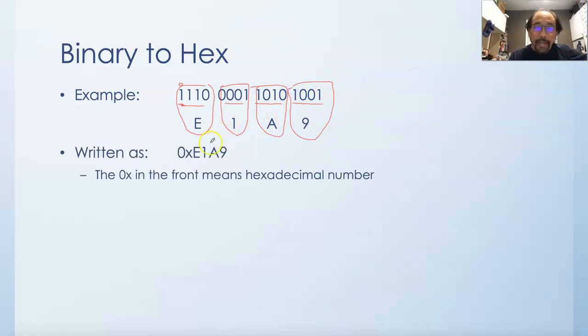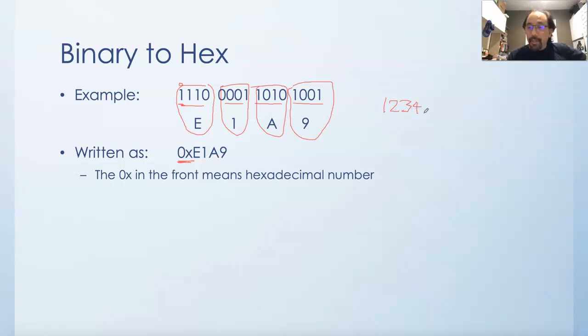Now we do have a convention to indicate that we're looking at a base 16 number. We can put the 0x in front of it. Why do we need that? In the case where you see a number with letters in it, you can automatically assume that it's base 16. But suppose you have a number like this. Is that base 10? Is it base 8?